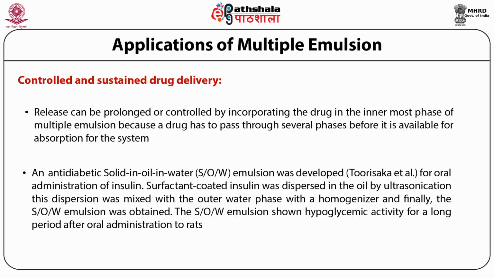Second application, the multiple emulsion can be used as an oxygen substitute. Hemoglobin, being a fragile material, is formulated as a water in oil in water multiple emulsion system in physiologically compatible oil in an outer aqueous saline solution.